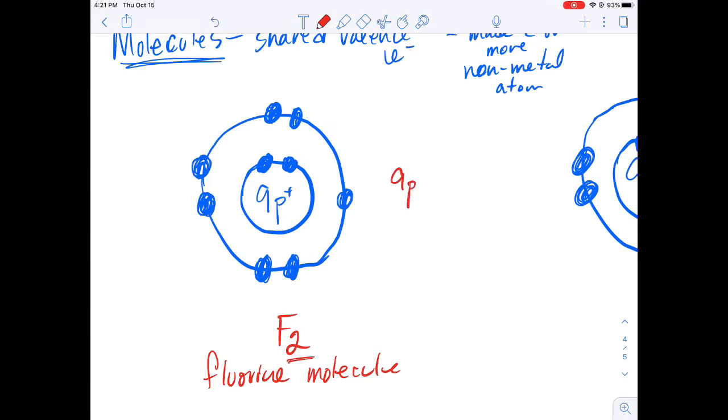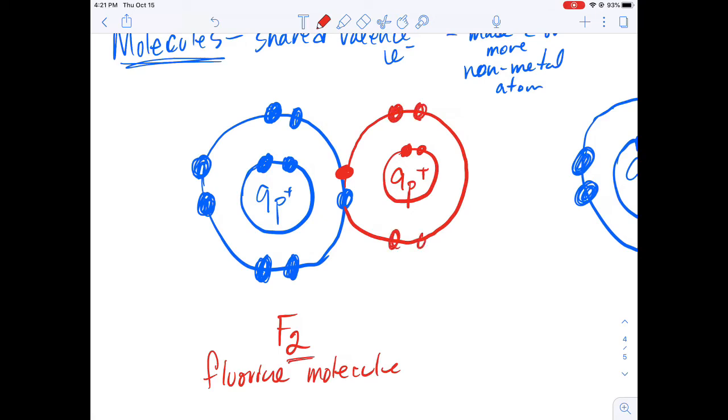And so this second fluorine is going to share its electrons with this fluorine. And so they share an electron here, and it completes both fluorines' octets. Because now this has 1, 2, 3, 4, 5, 6, 7, 8.